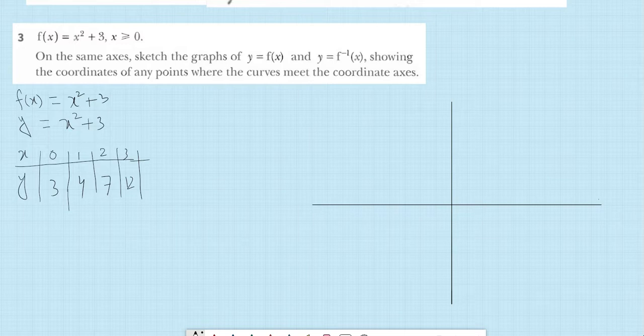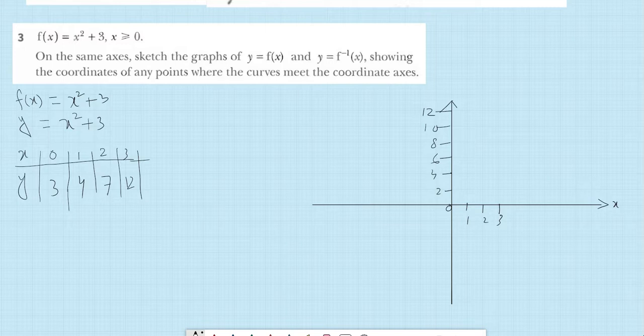Plot values of x and values of y. So values of x are 0, 1, 2, 3. So this is 1, this is 2. You can take 1 square is 1 or you can take 2 square is 1, no matter. And along y axis I am taking 1 square is 2. 4, 6, 8, 10, and 12. And this is your origin.